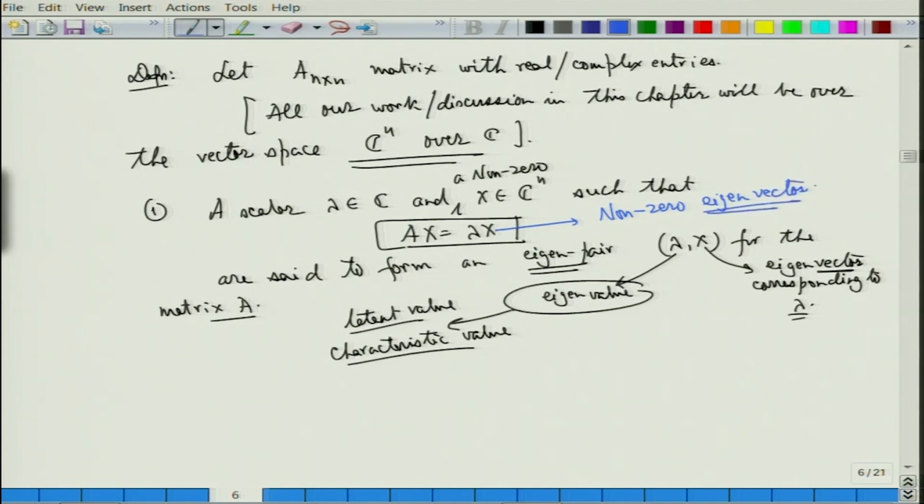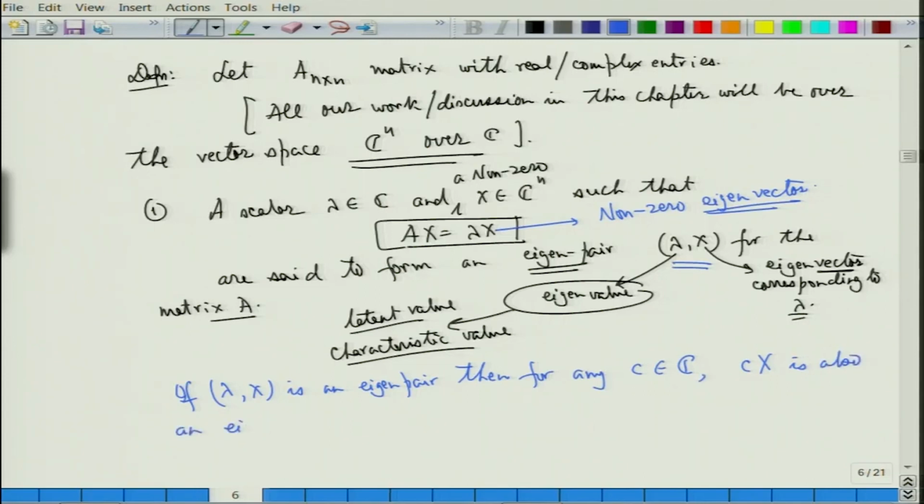Not only that, now suppose that lambda, x is an eigenpair. Then for any c belonging to the complex numbers, c times x is also an eigenvector for lambda.